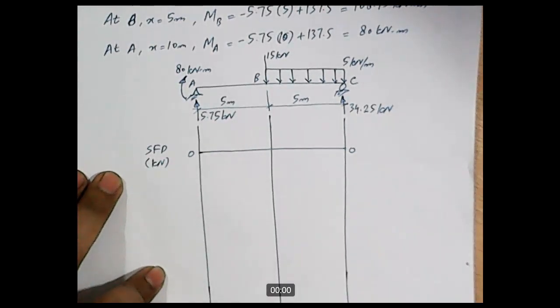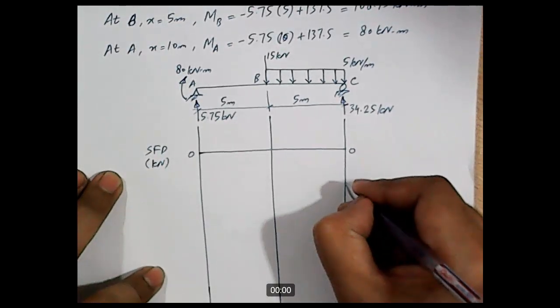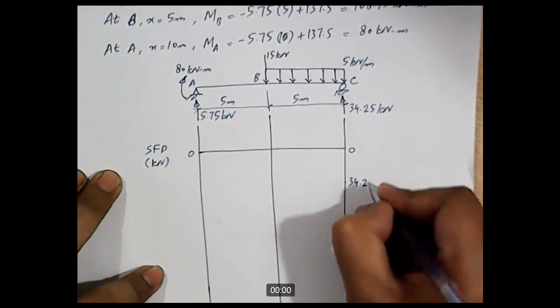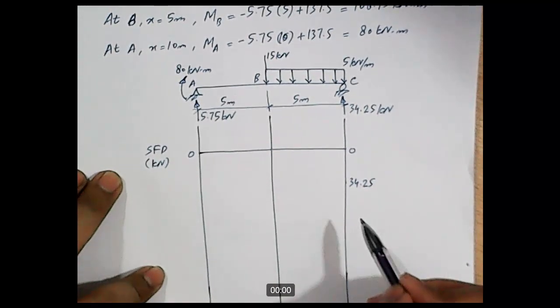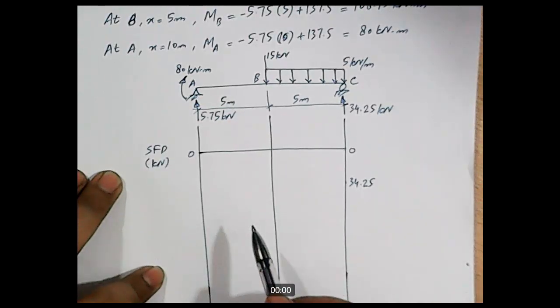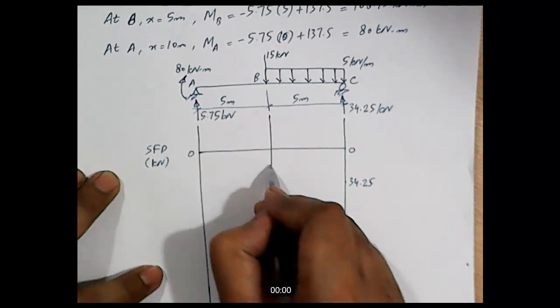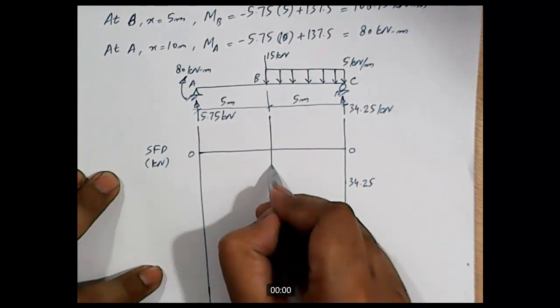So how much is the value of shear at point C? We calculated that, and that value is minus 34.25. So let's say it's somewhere over here, minus 34.25. And how much is the value of shear at point B? It's 9.25 with a negative sign, so let it be somewhere over here.